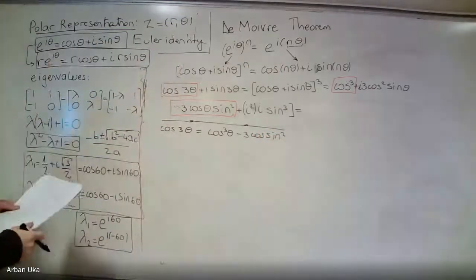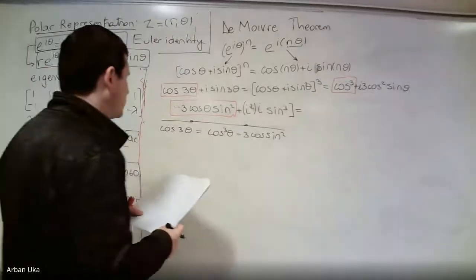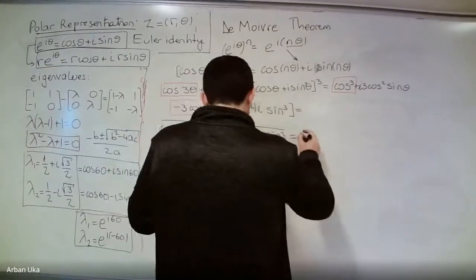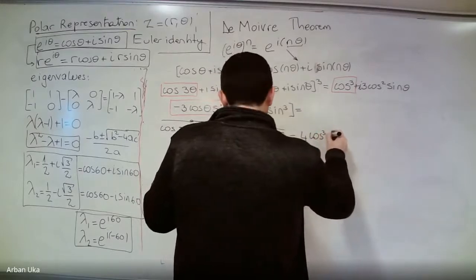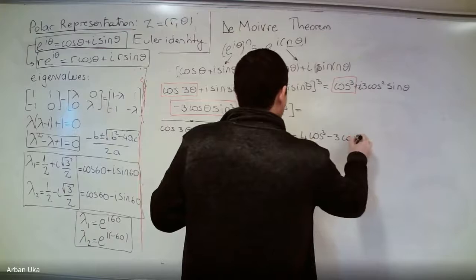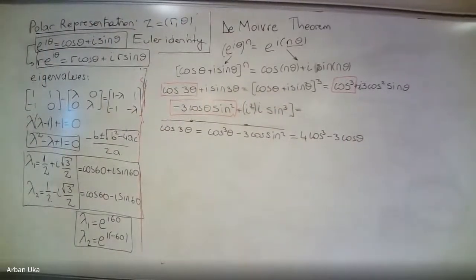And this is also equal to 4 cosine cubed minus 3 cosine theta. Okay? 4 cosine cubed minus 3 cosine theta.